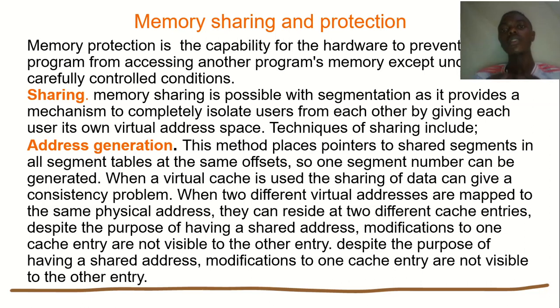One segment number can be generated when a virtual cache is used during the sharing of data. It can give a consistency problem. When two different virtual addresses are mapped to the same physical space, they can reside at two different cache entries.